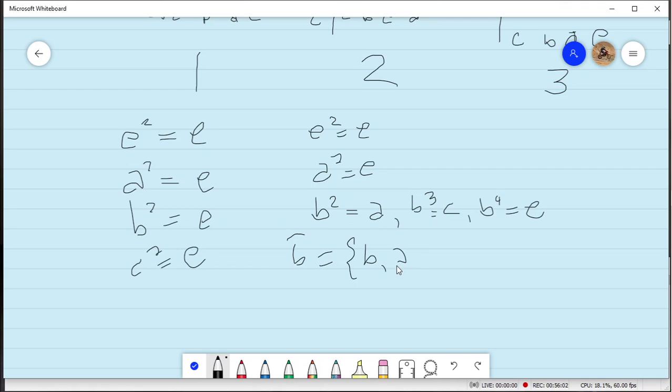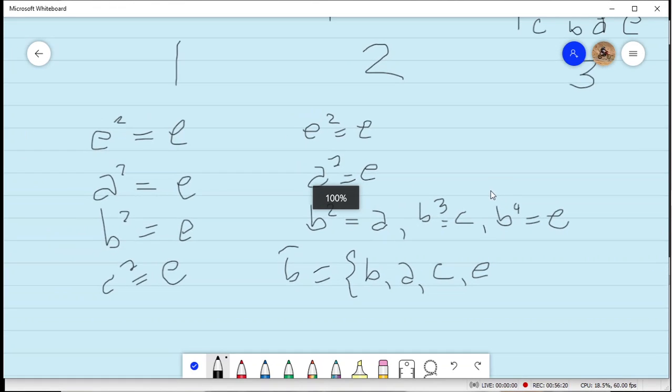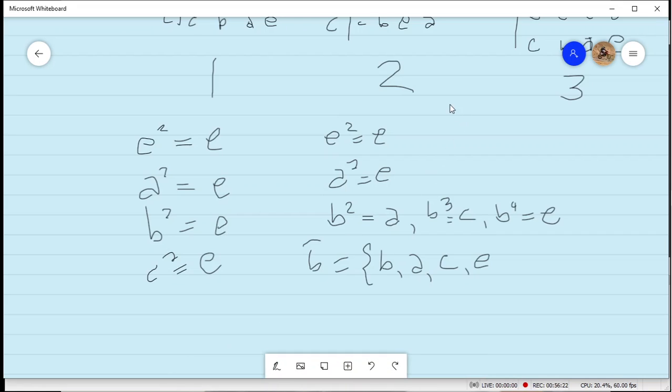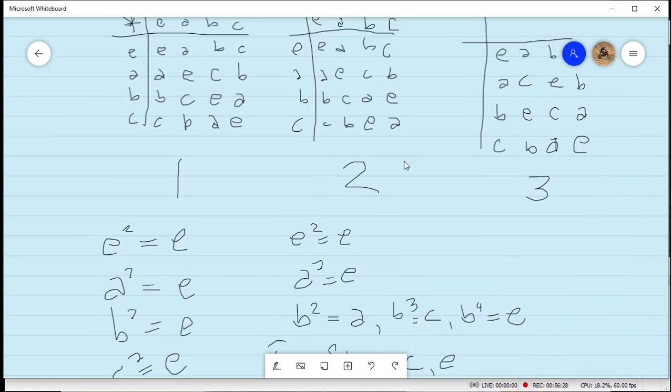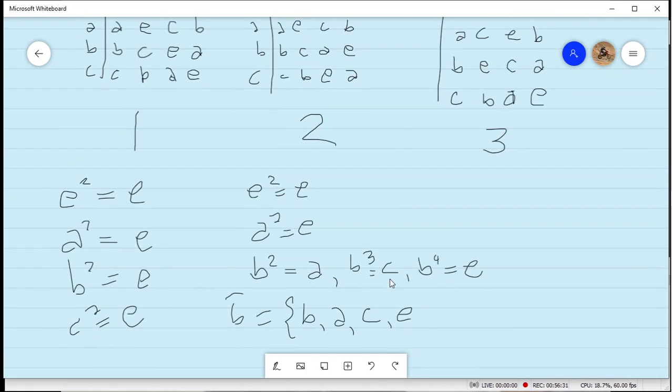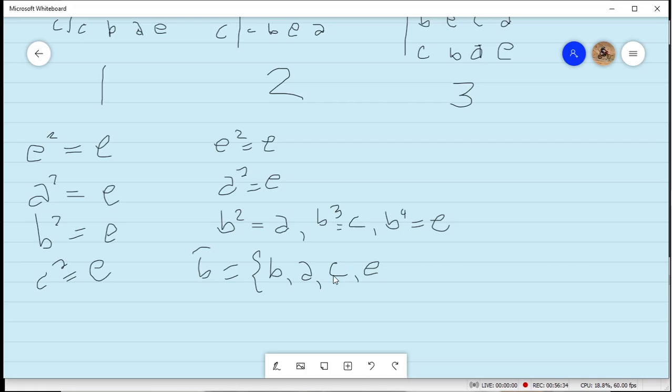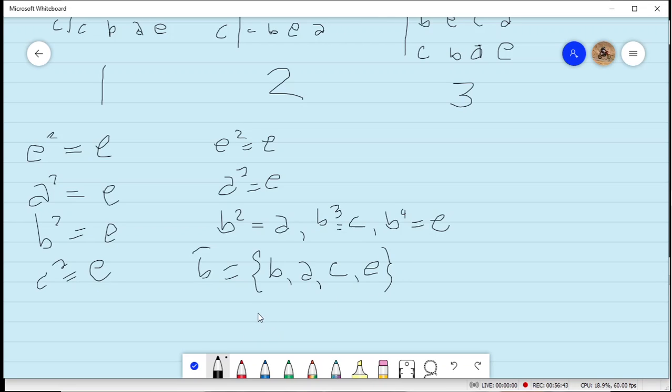Then B squared is A. Then B cubed is C. Then B to the fourth is E. B to the 0 actually is E. The inverse of B in this table is C. So B to the negative 1 therefore is C. B operation C is E. So all elements in the set are powers of B.